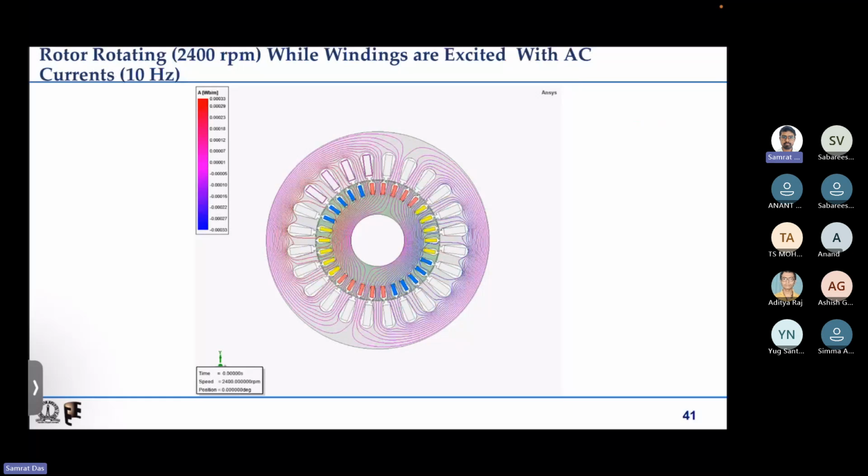So this is the rotor, which itself is rotating at 2400 rpm, and this is the rotor field, rotating at 600 rpm with respect to the rotor. This is the rotor field fr.